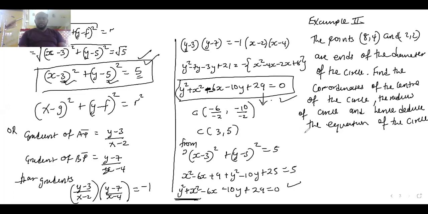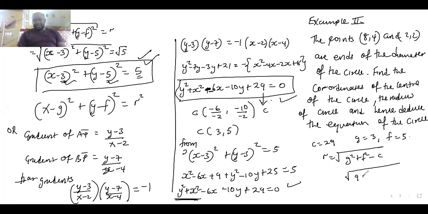Actually, I had not showed you. Now, our C is 29 here. Our G was 3. Our F was 5. Let us check the radius. I told you radius is the square root of G squared plus F squared minus C. When you check them out, what do you realize? 9 plus 25 minus 29.